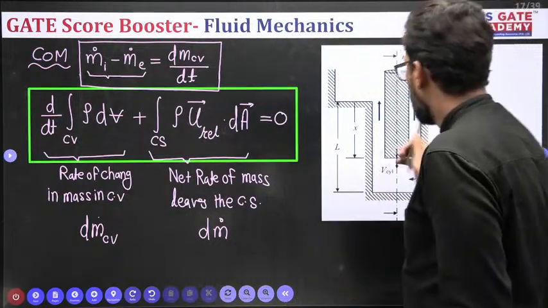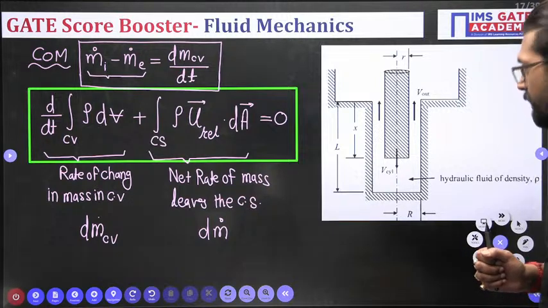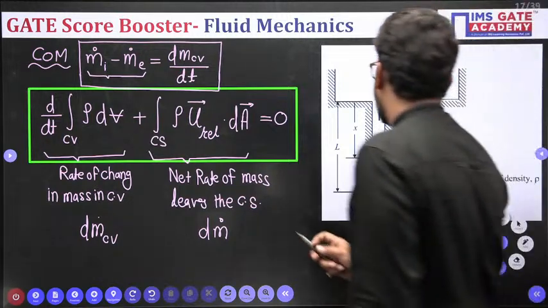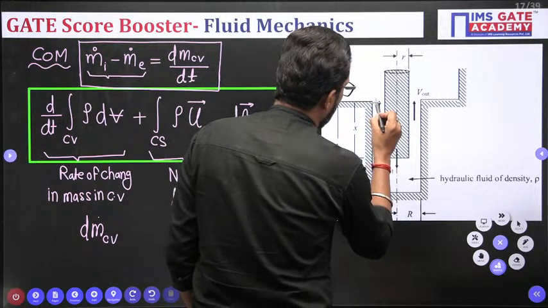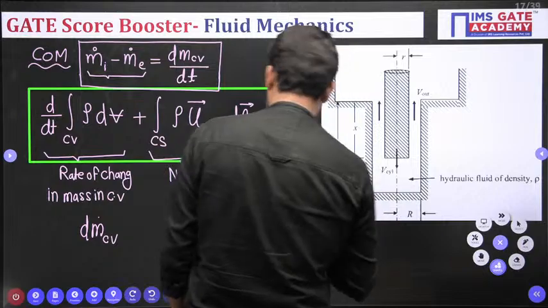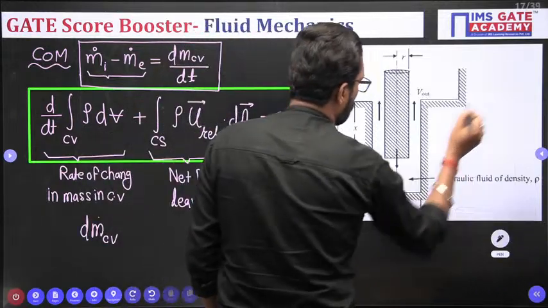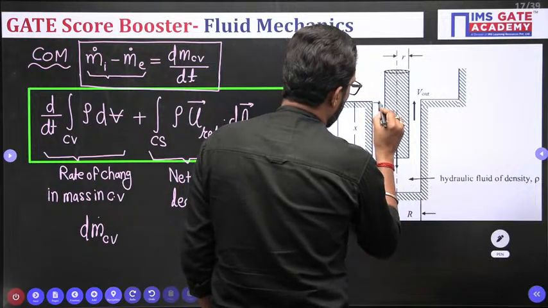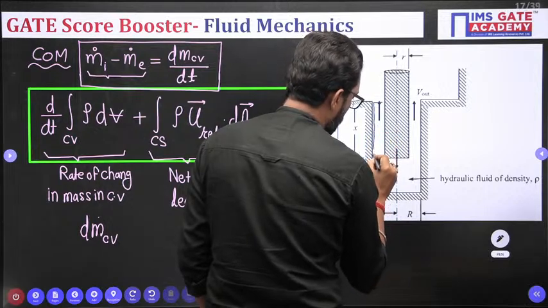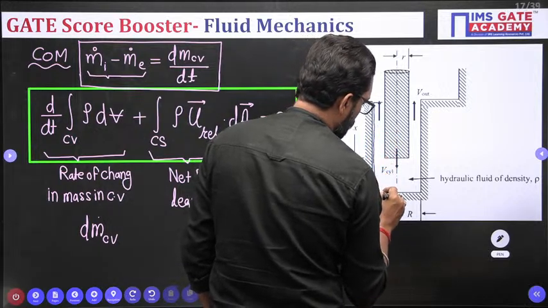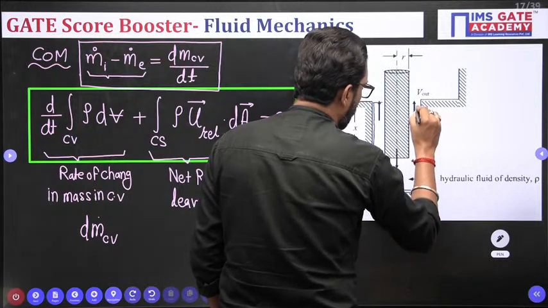Now from this integral form you have to take a control volume. How to take a control volume? Let's suppose this is our control volume. You have to assume any control volume like that.